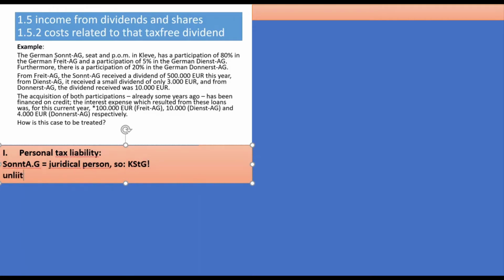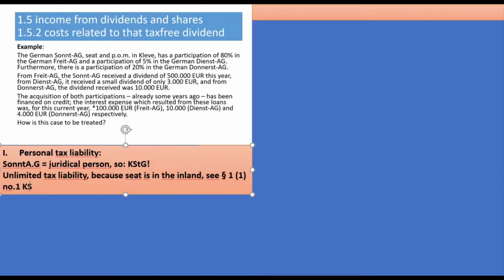And we have unlimited tax liability because the seat is in the inland. See paragraph 1, number 1 KStG. That's something we already know from previous cases, but naturally it would be recommendable if you look it up in the Tax Act.